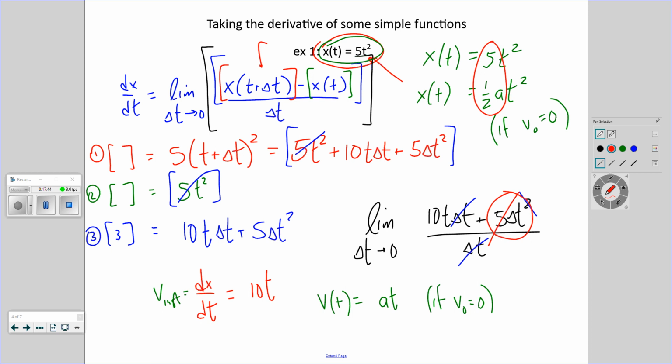That means a is 10, and look, at. So we have sort of proven that kinematics equations jive with instantaneous rates of change, and they agree with what calculus defines velocity to be as it compares to position.